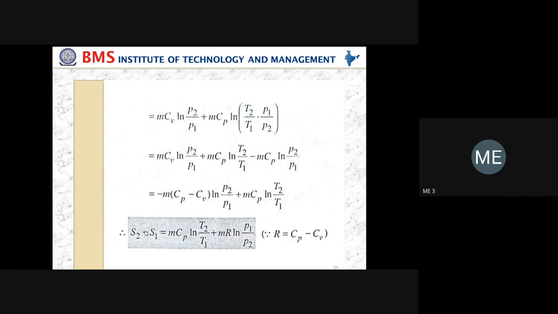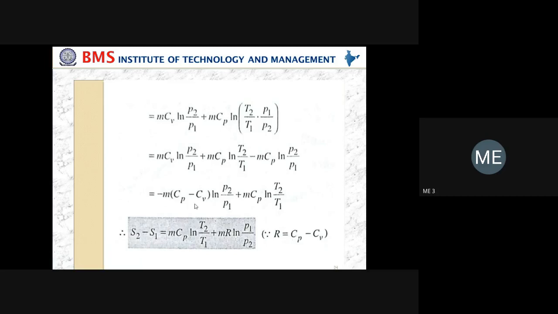Next, S2 minus S1 is nothing but the change in entropy. First I write the second term, mCp ln T2 by T1, plus mR. As I said, the gas constant R is the difference of the specific heats: Cp minus Cv is nothing but our general gas constant R. Here minus becomes plus, and you change the ratio too. Instead of writing P2 by P1, you write P1 by P2.